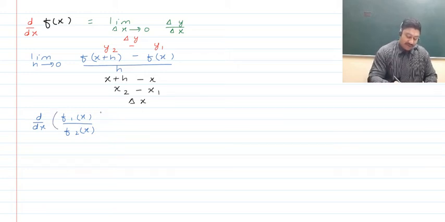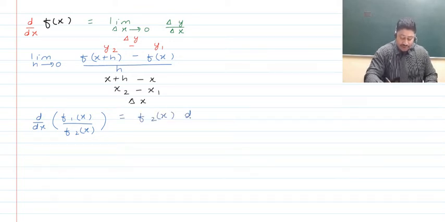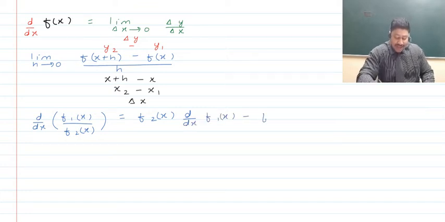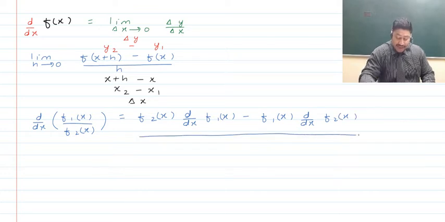If we want to differentiate the ratio of both of these, then that will become equal to the second function, which is there in the denominator, times the derivative of the function which is in the numerator, and from that we subtract f1(x) times d upon dx of f2(x), and in the denominator we have f2(x) whole square.